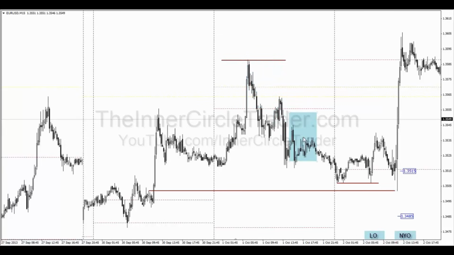So if you're combining the mechanics of entering the marketplace at a specific time during a specific kill zone like London or New York Open, specifically looking for the setup here, even with this stop right there, you are not going to miss that opportunity to get long.